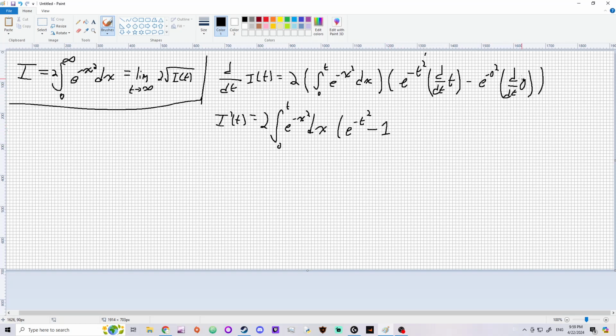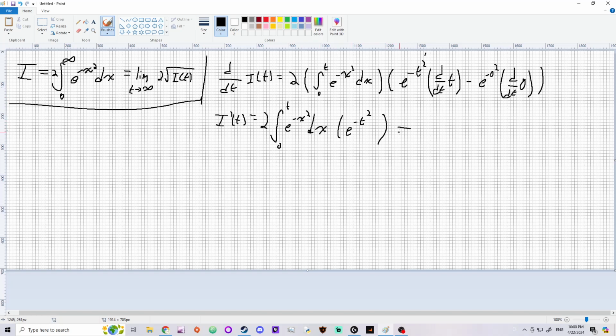But what's the derivative of 0? Regardless if it's 0 or some constant, it is going to be 0. So this whole term at the back gets removed, and we're actually left with e to the negative t squared.